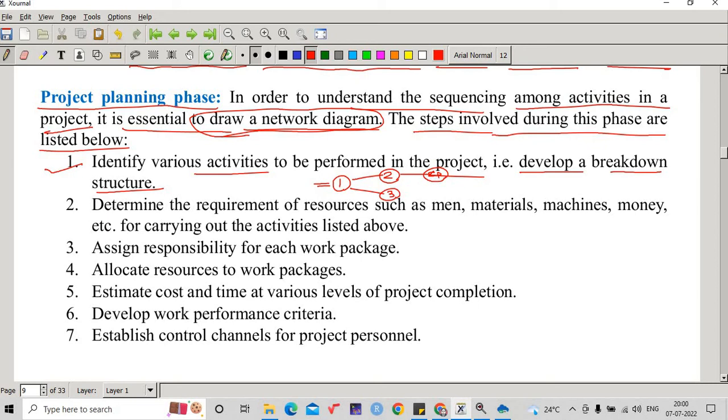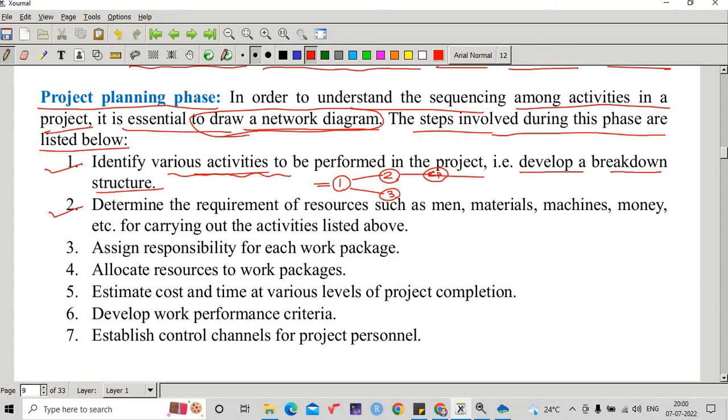So this connection between the third and fourth activity we may not take. Likewise, the various activities to be performed in that project and their interrelation also, that breakdown structure we have to identify.